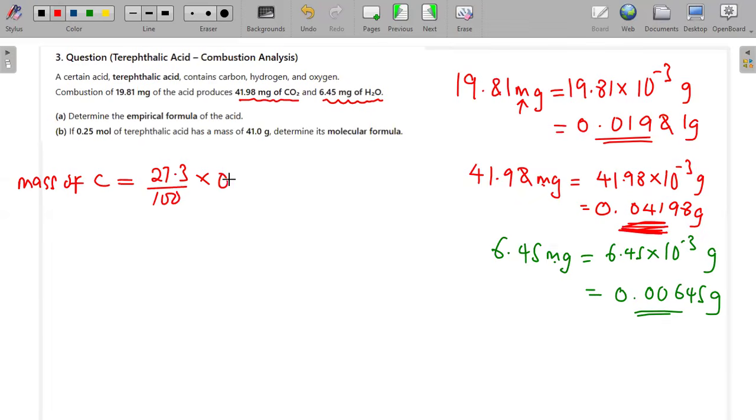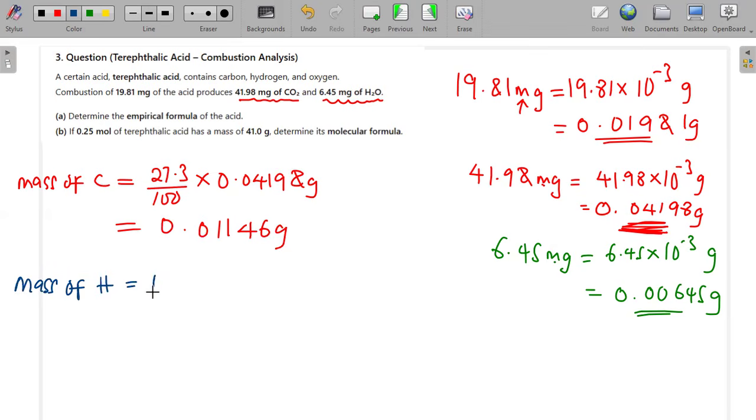I'm just going to multiply by 0.04198 grams. So what mass am I going to find? I punch that on my calculator and I'm finding 0.01146 grams. Next, I find the mass of hydrogen in water. Remember, of any mass of water, 11.2% of it is hydrogen.